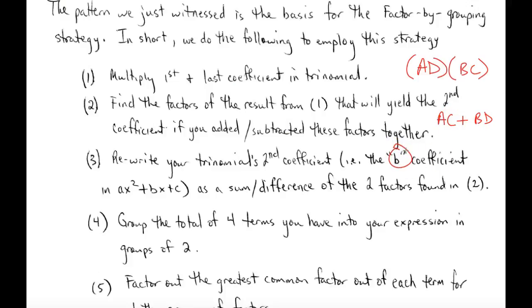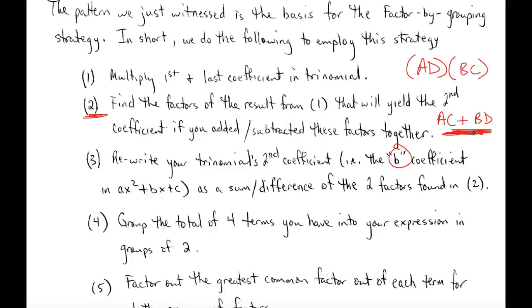Okay. So for number 3, and here's the key, once we figure all that out, we're going to rewrite the trinomial's second coefficient in terms of the sum and/or difference of the two factors found in this step. So in other words, we're finding the factors of AD times BC so that we can rewrite the two middle terms in terms of these two factors here.